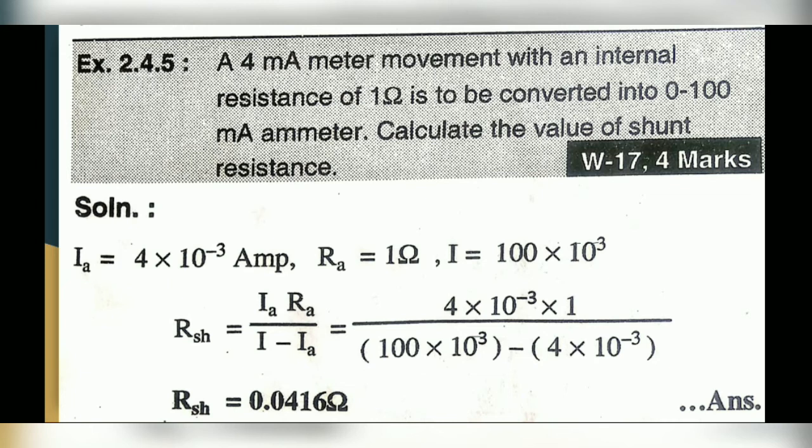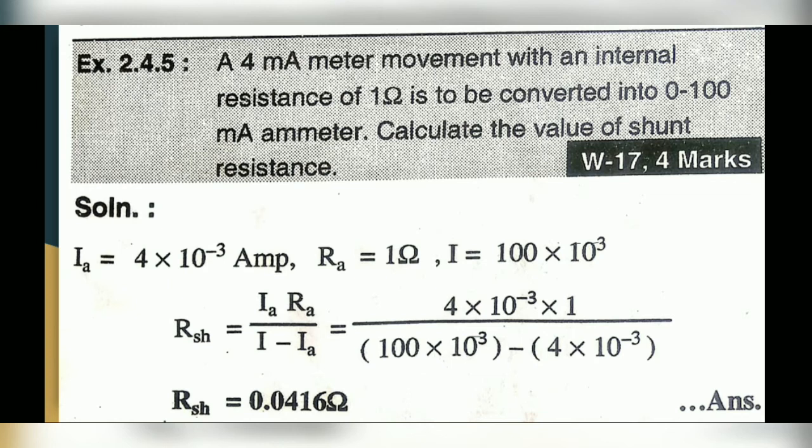Then meter resistance, that is Ra, is equal to 1 ohm, and it is to be converted into 0 to 100 milliampere. So the value of capital I is 100 milliampere, that is 100 into 10 raised to minus 3. The formula for shunt resistance is Rsh is equal to Ia Ra upon I minus Ia, where Ia is current flowing through the meter, Ra is meter resistance, capital I is total current.